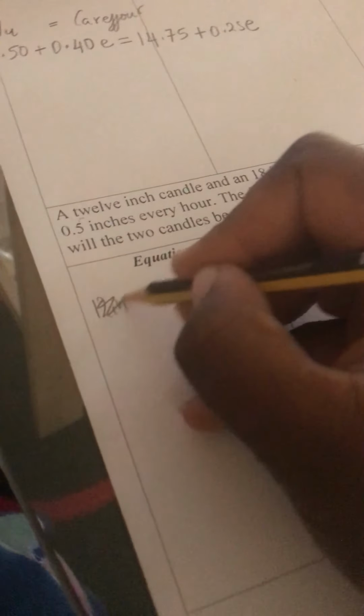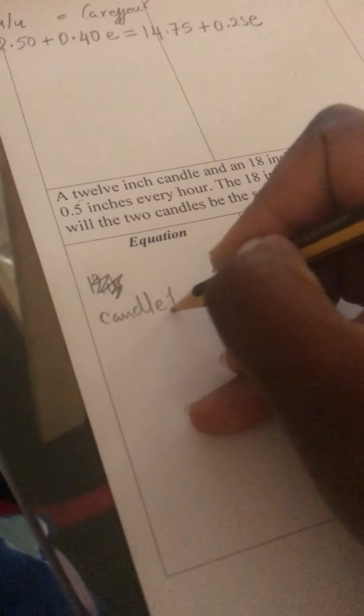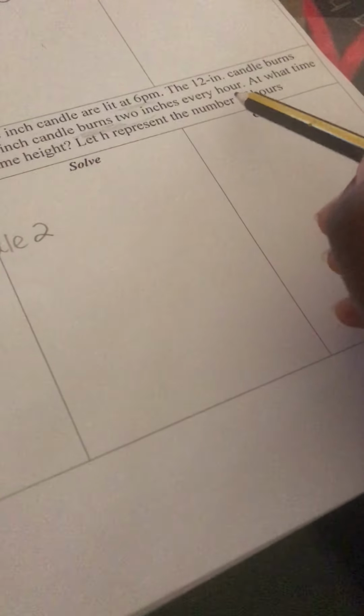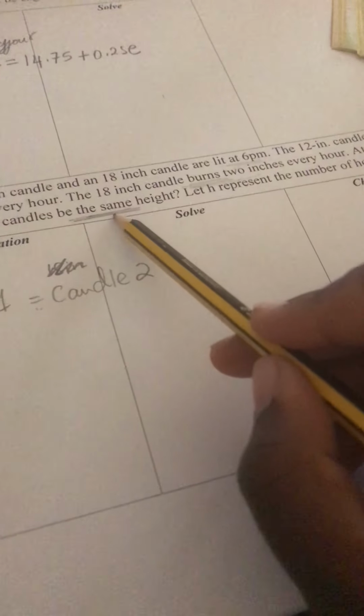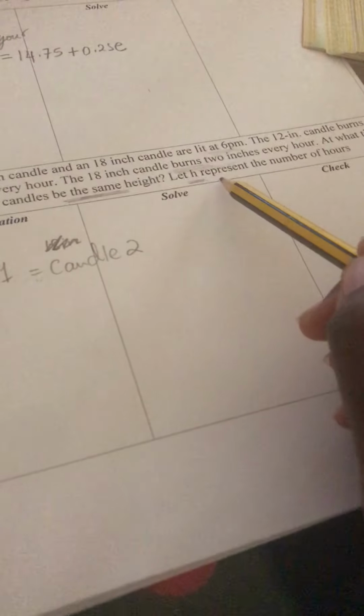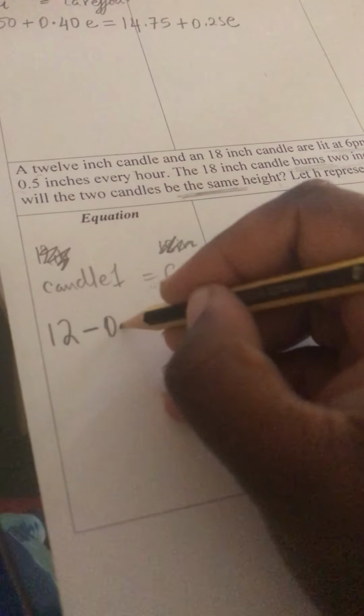So I will have candle 1 is equal to candle 2. Why did I say they're equal? Because it asks over here, at what time will the two candles be the same height? Let H represent the number of hours. So our variable will be H. So you will have 12 minus, who is for 12?